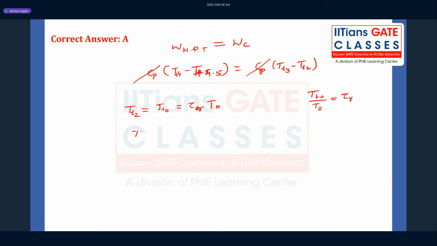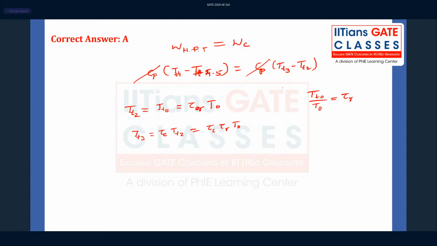Also, the compressor pressure ratio can be written as T3 equals tau c times T2. Since T2 is tau r times T naught, that becomes tau c tau r times T naught. Great.